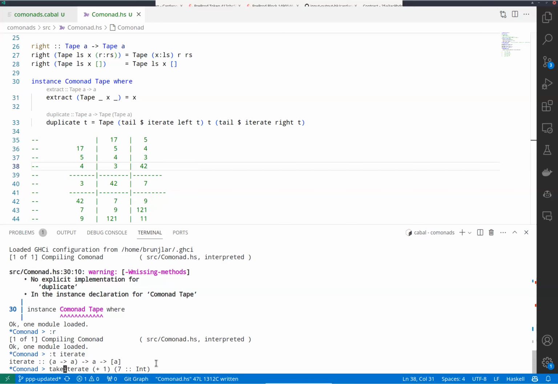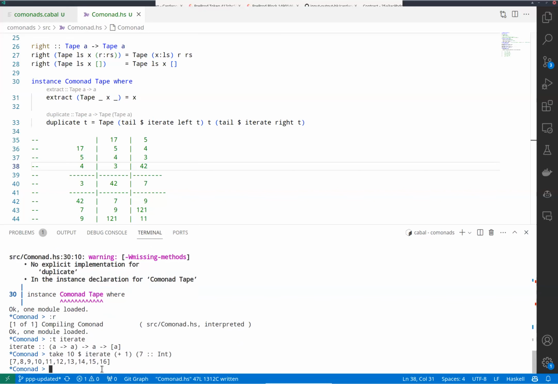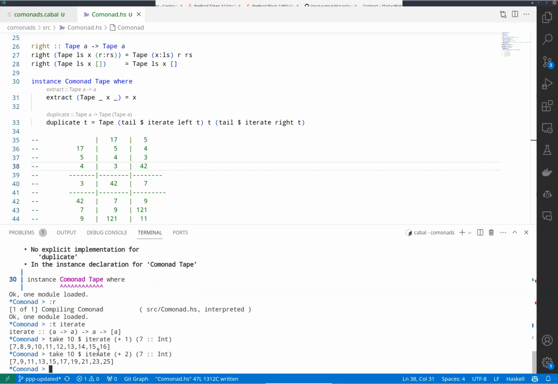So let's just take the first 10 elements. So it starts with 7, then applies the function, in this case +1 to 7 gets 8, applies the function again, gets 9, and so on. So if I do instead +2, then it again starts at 7, but then always adds 2.